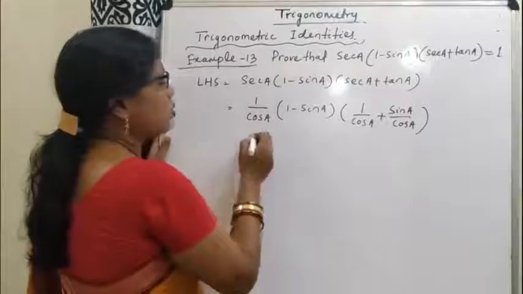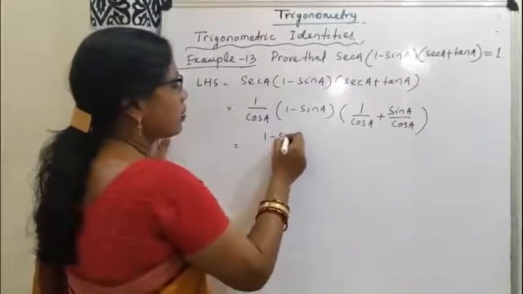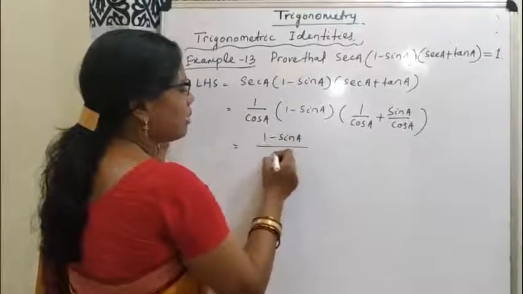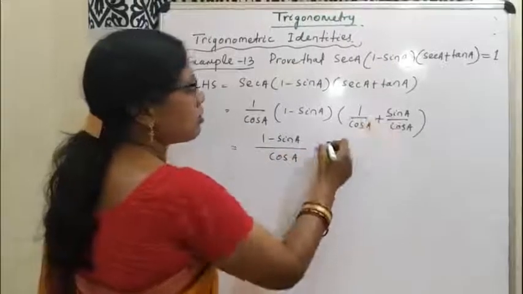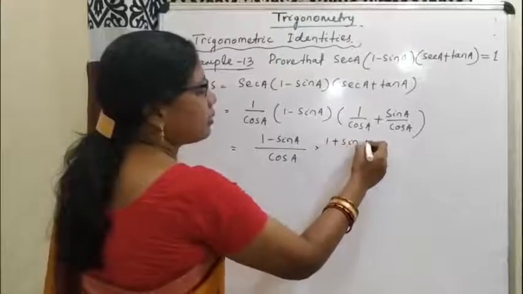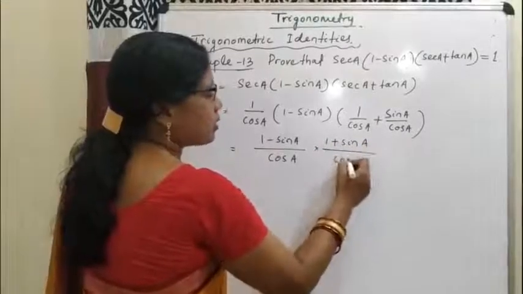So now you solve. This is equal to (1 minus sin A by cos A) into (1 plus sin A by cos A).